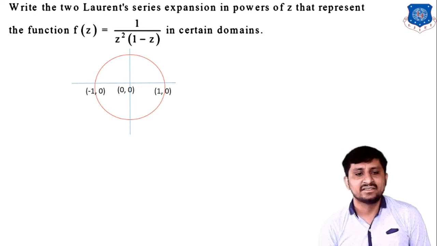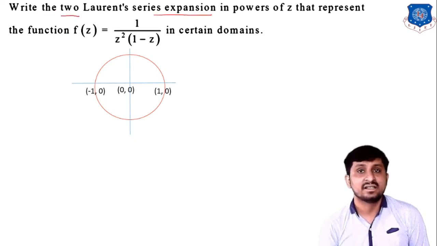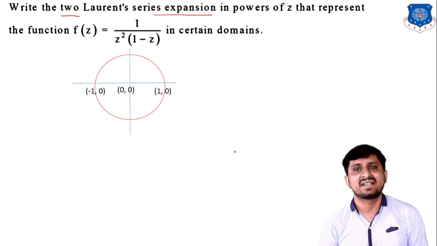Let's solve some examples of Laurent series. This is my first example: write the two Laurent series expansions. Here the region is not given. Most probably in your examination the region is given, but there are some examples in which they don't give you the region. In that case you have to find the region, because otherwise you cannot solve this example.